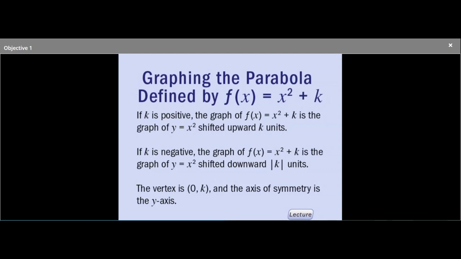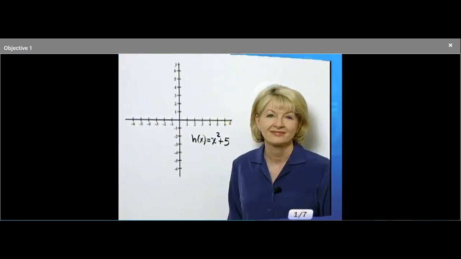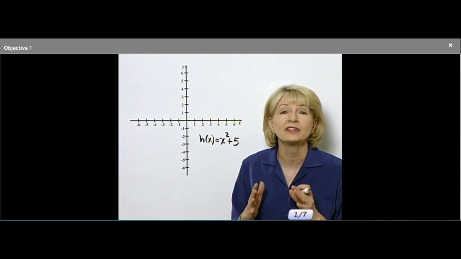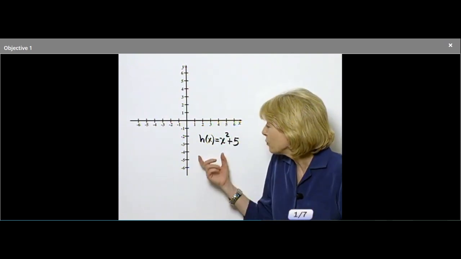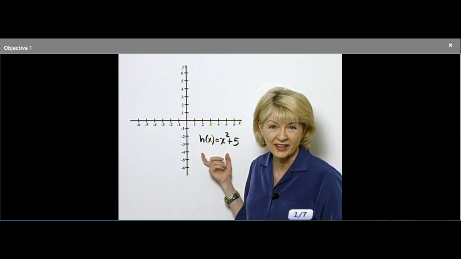If k is negative, the graph of f of x equals x squared plus k is the graph of y equals x squared shifted downward the absolute value of k units. The vertex is (0, k), and the axis of symmetry is the y-axis. Now that last sentence will naturally follow if we just shift correctly.